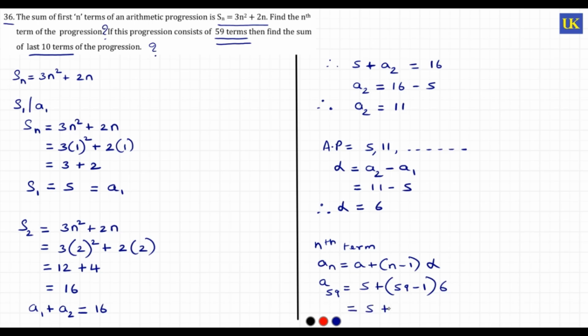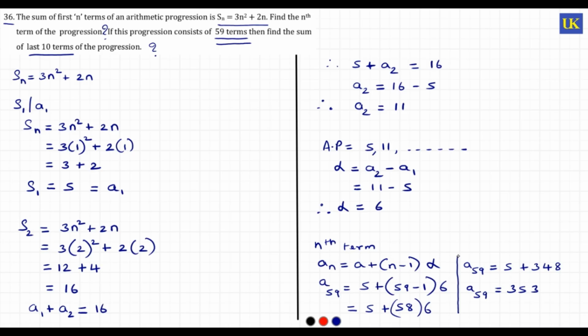So 5 plus 59 minus 1 is 58. 58 into 6. So 5 plus 58 into 6 is 348, and A59 is 353.